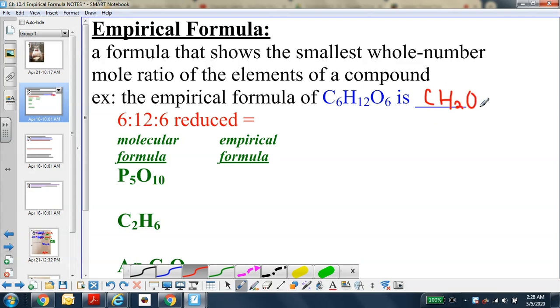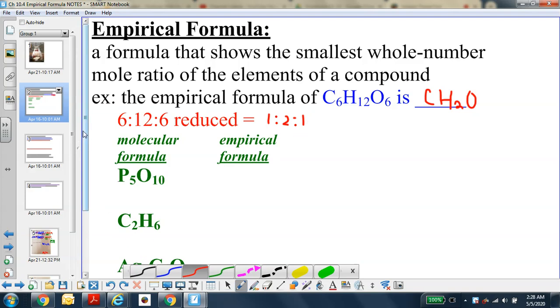So this is the empirical formula. CH2O is the empirical formula of glucose. So the 6, the 12, and the 6 get reduced down to 1, to 2, to 1. And that is our mole ratio, 1 to 2 to 1.